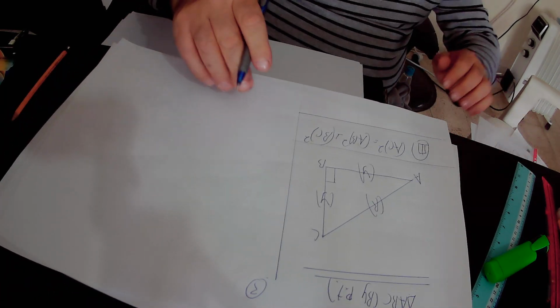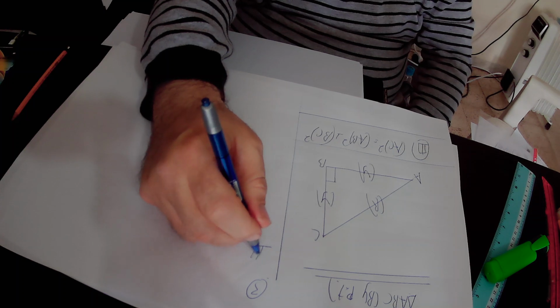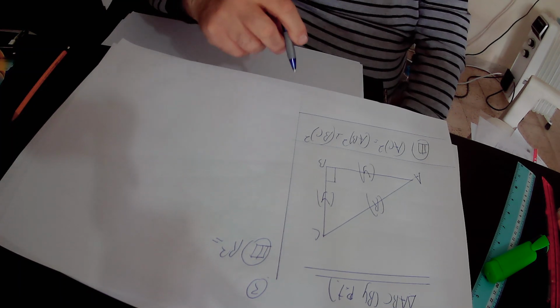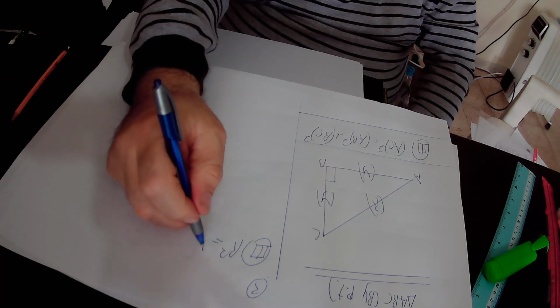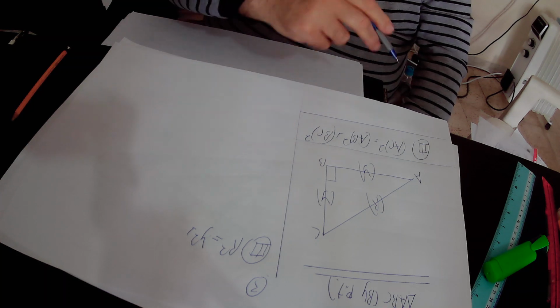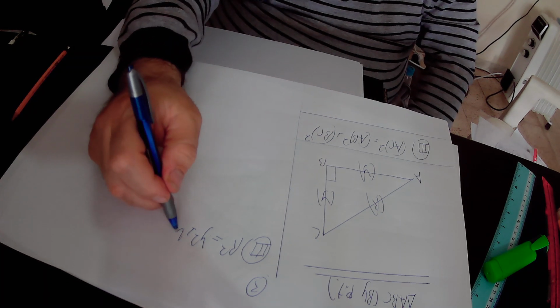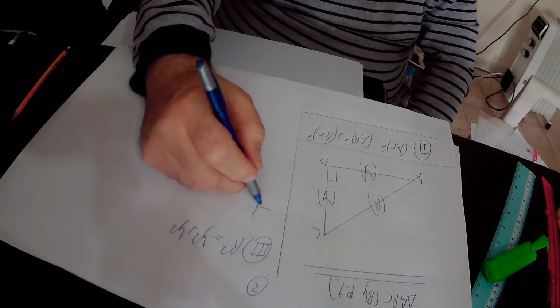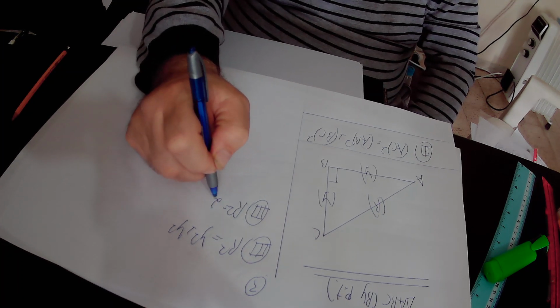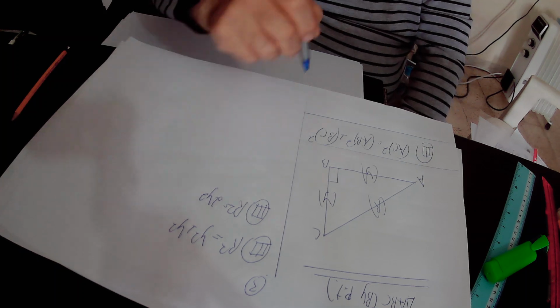AC is R, therefore AC square is R square, and it equals AB square. AB is y, therefore AB square is y square, plus BC square. BC is also y, therefore BC square is y square. In conclusion, according to equation 3, R square equals 2y square.